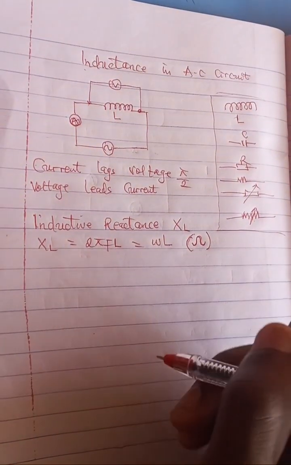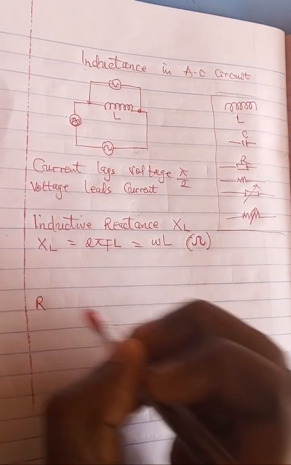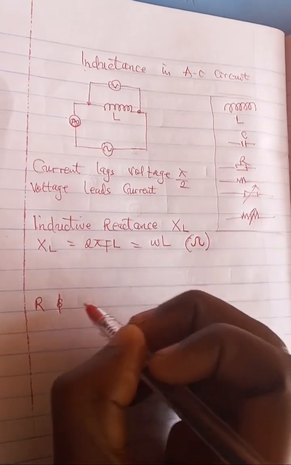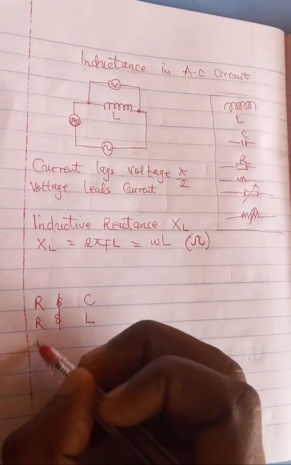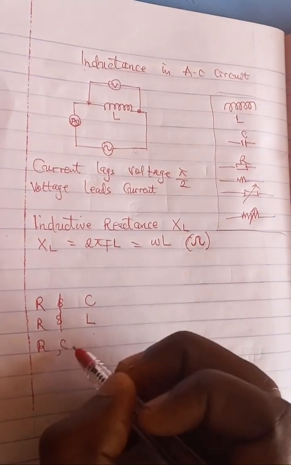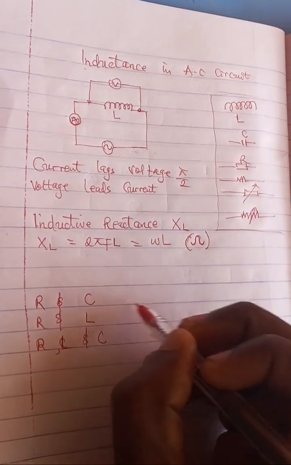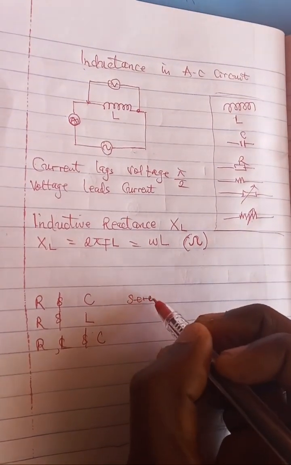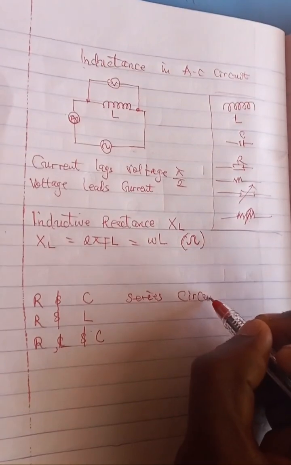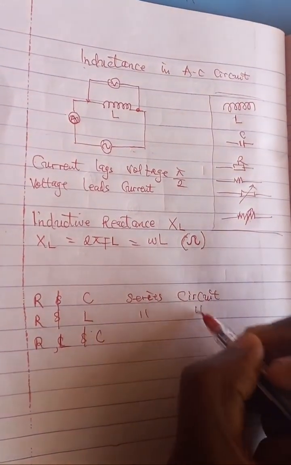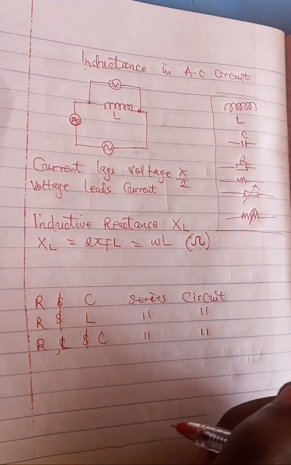So in this circuit, we are going to take a look at R and C in series, R and L in series, then the three of them in series, R, L, and C in series circuit. So stay tuned to get the full content on AC circuits.